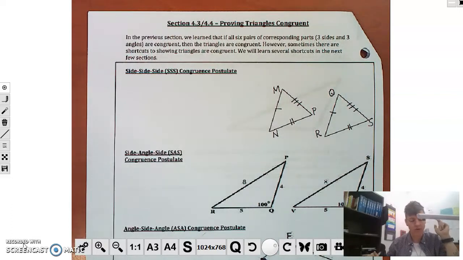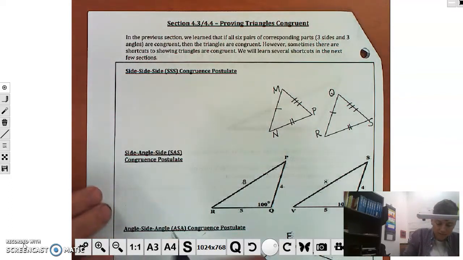The first one is the side-side-side congruence postulate, which says that if all 3 pairs of sides of 2 triangles are congruent, then those 2 triangles are congruent. So let's write that out.